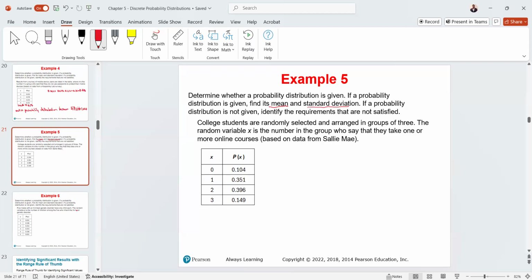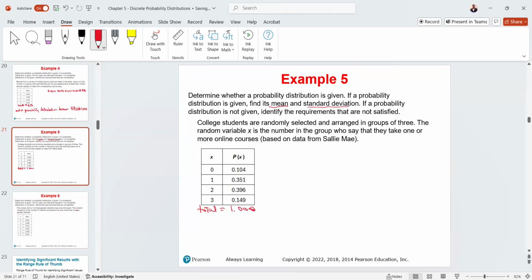First of all, for this distribution, the first condition is met because there's a random variable x: 0, 1, 2, 3. Now, all the probabilities are between 0 and 1. There is no probability less than 0 or greater than 1. Now, let's see the total. Can you add all of them? If you add everything here, the total is exactly 1.